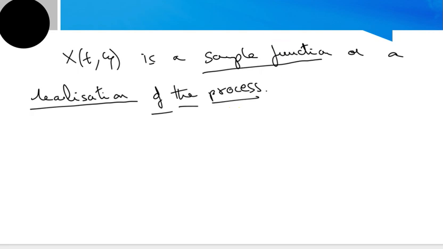Right. Next, we move on to discrete time random processes. So, what is a discrete time random process?